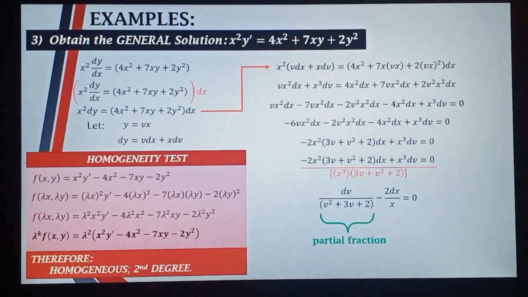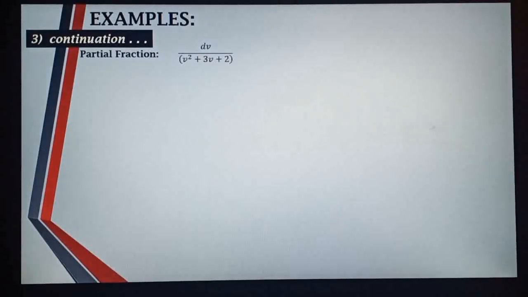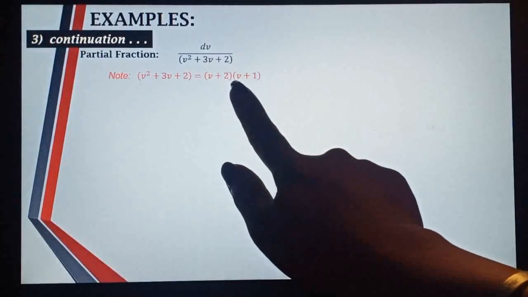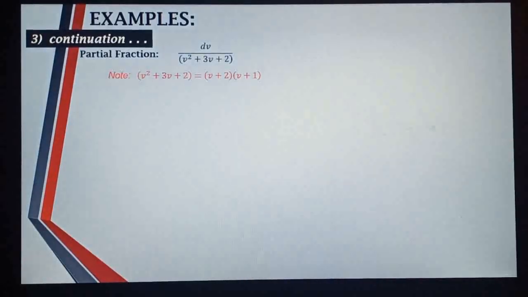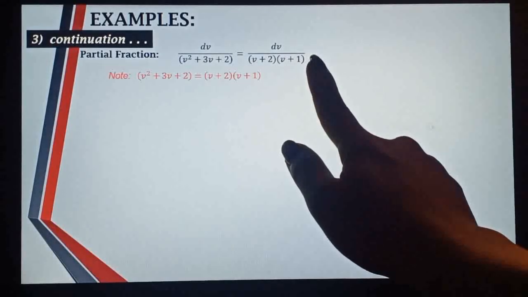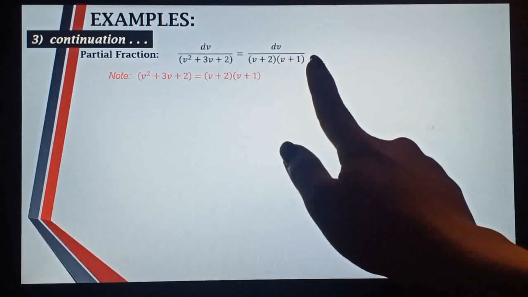So now, we will do partial fraction of the dv over v² plus 3v plus 2. But you will notice that v² plus 3v plus 2 is the factor of v plus 2 and v plus 1. So this can be rewritten into dv over v plus 2 multiplied to v plus 1.